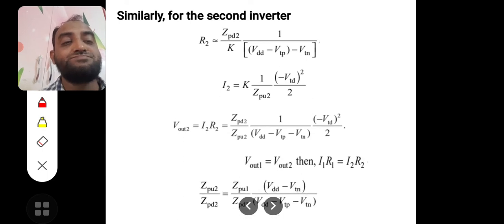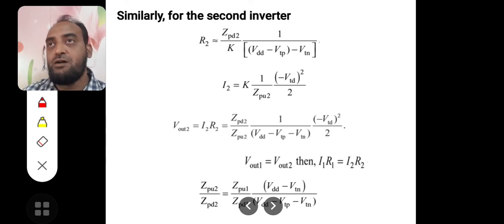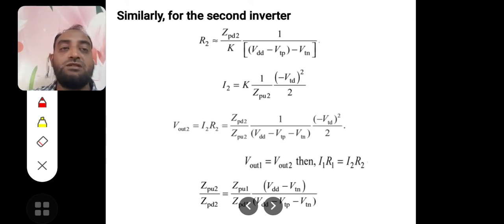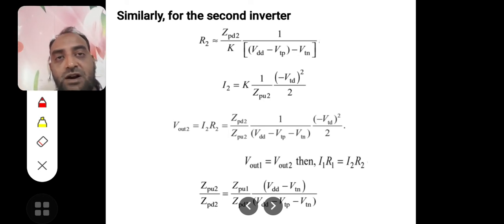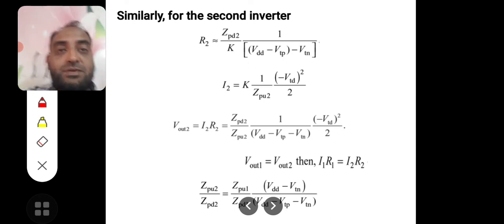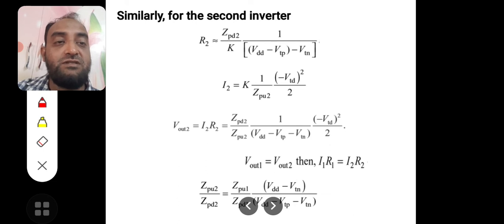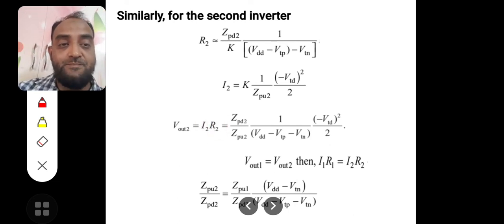For a good inverter, the output of inverter 1, Vout1, should be equal to Vout2. When Vout1 is equal to Vout2, I1 R1 can be made equal to I2 R2. By substituting the terms of I1 R1 and I2 R2 here, what will you get?